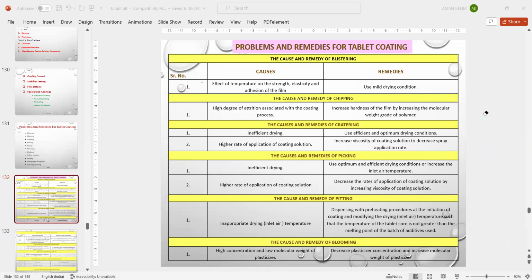And why does roughness occur? Anyone? What is the reason behind roughness?